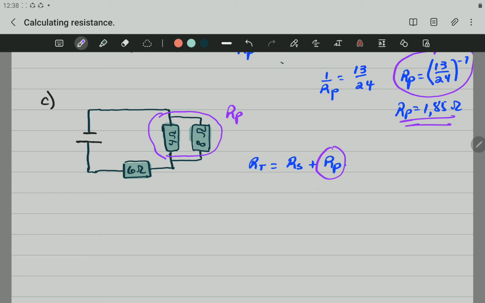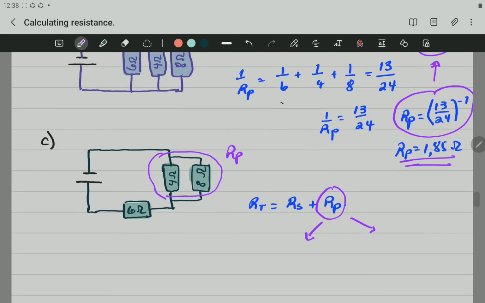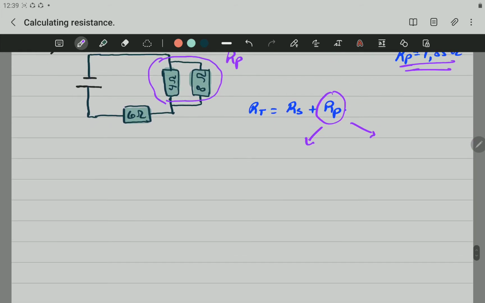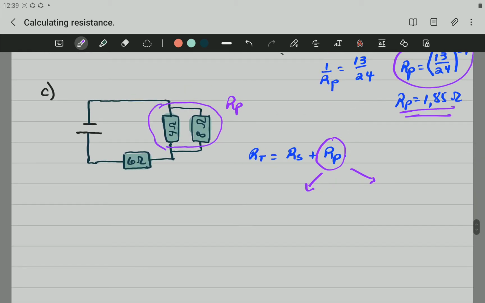Now, how do you calculate them in parallel? We have two options. One option is the first, the one we used here, and the other option is a formula for when you have two resistors. Here you have that 1 divided by Rp is equal to 1 divided by 4 plus 1 divided by 8. So 1 divided by Rp is equal to 3 over 8.